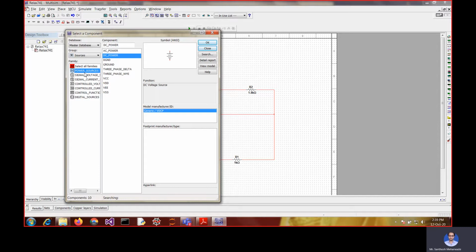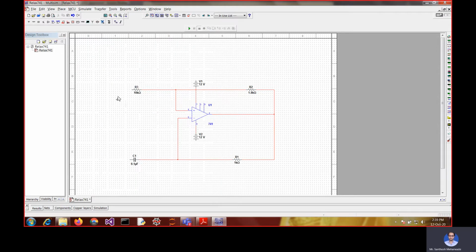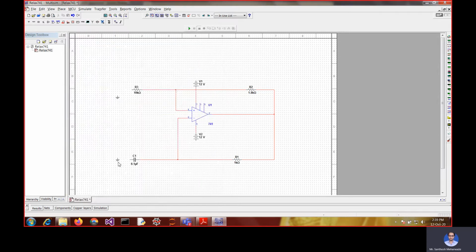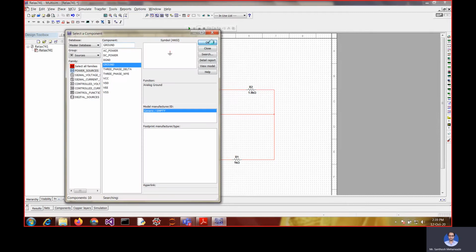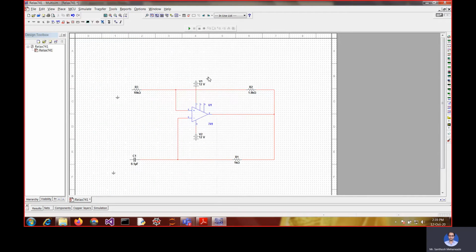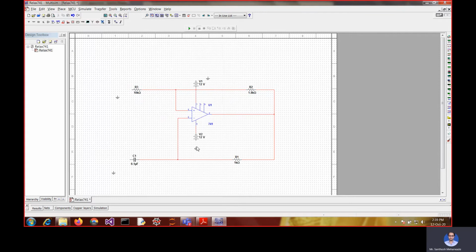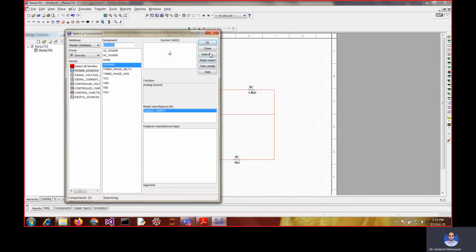In Sources, go to Power Sources. Here we have a ground. Select the ground and keep it over here. I want multiple grounds, so one more I'm going to keep over here. The next one is for this voltage, because its negative should be grounded and its positive should be grounded. In this way I'm going to keep all of them.